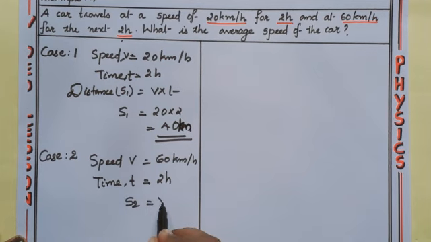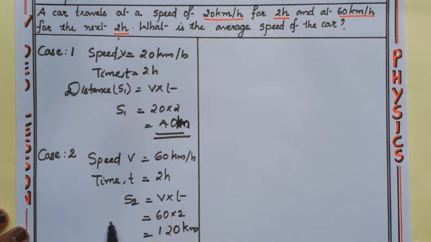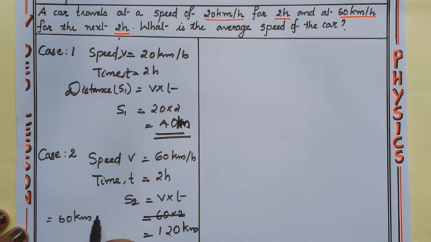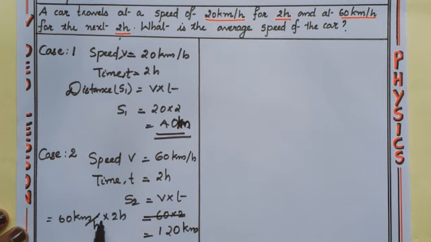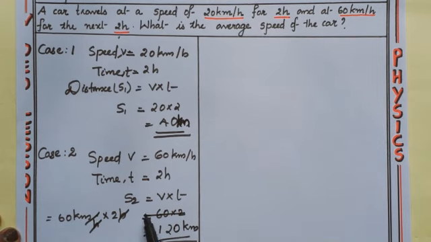Distance is equal to V into T, which is 60 into 2. How do we get kilometer? 60 kilometer per hour into 2 hours, hour will be cancelled, so we get 120 kilometer. That is S1 and S2.